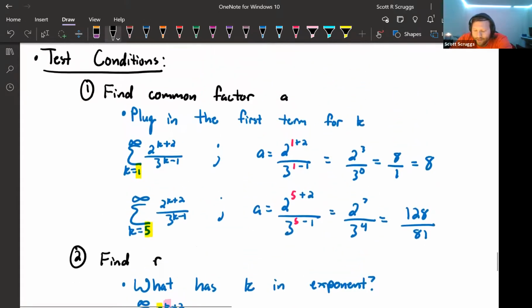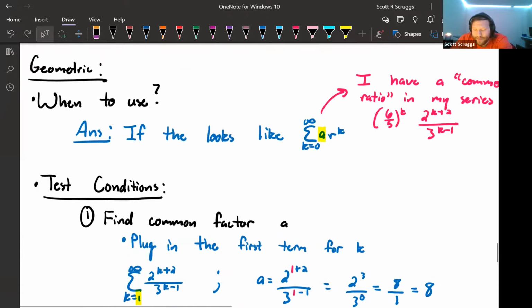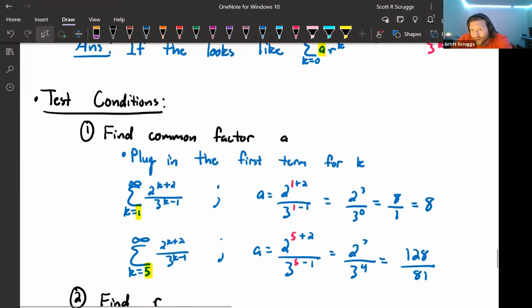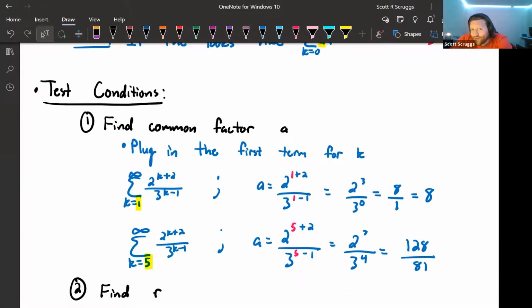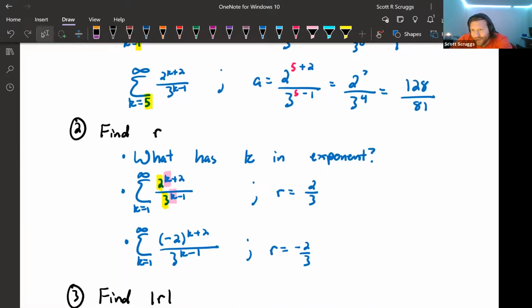So again, conditions to summarize. When to use, if I see a common ratio with them. Test conditions. First things first, find a common factor by plugging in where the series begins. Next step, find a common ratio R by seeing what has a k in the exponent.